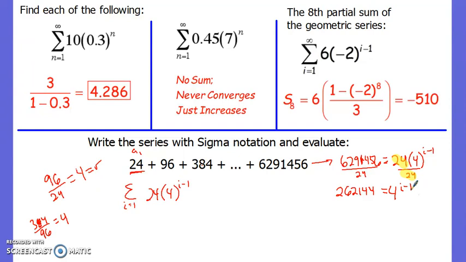Now comes the tricky part. If you remember with an exponential function, the way to get rid of the base is to take a logarithm. So we're going to say log base 4 of 4 to the i minus 1 is equal to log base 4 of 262,144. On the right side, log cancels the exponential base, and essentially, log base 4 of 4 to the i minus 1 becomes i minus 1.